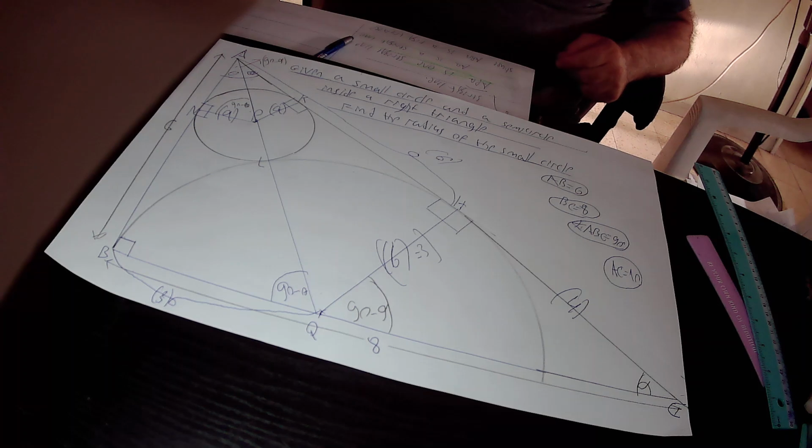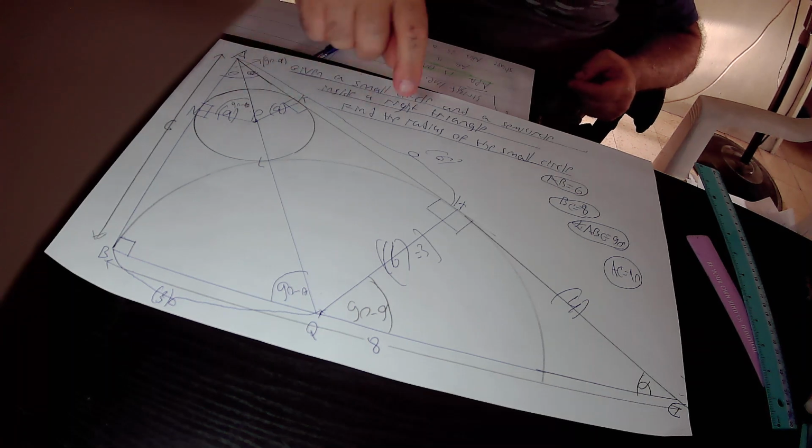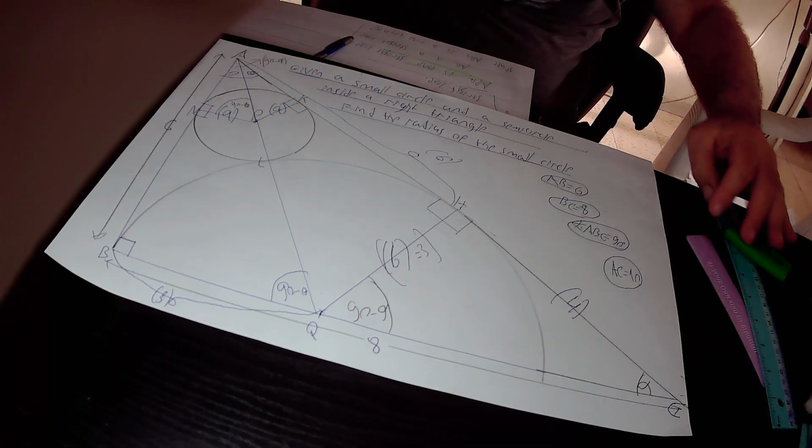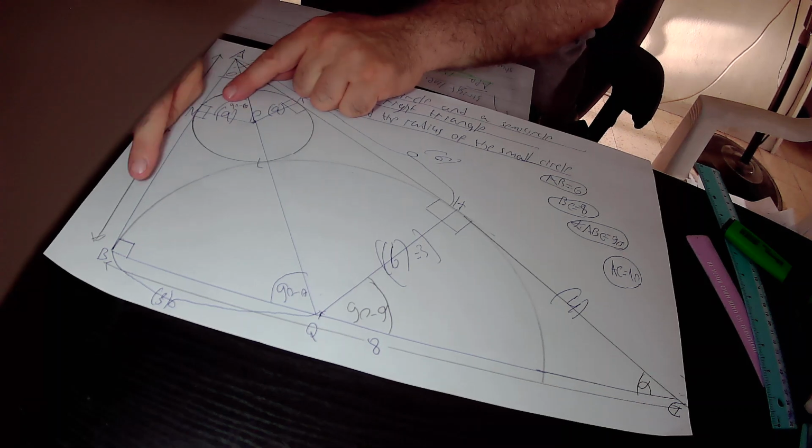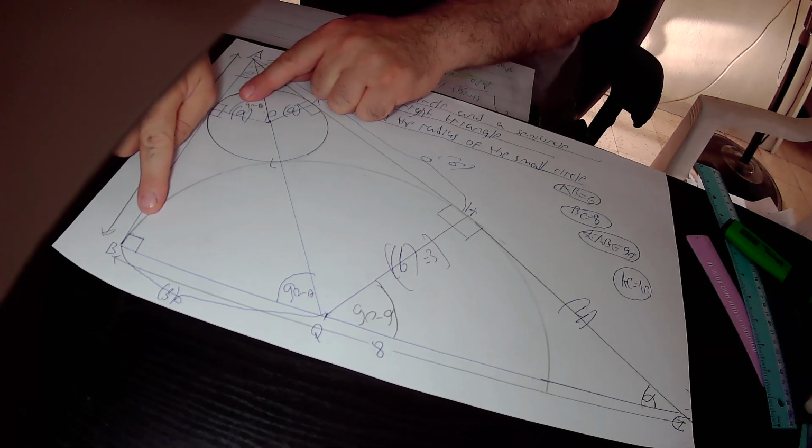So why is the right triangle ANP similar to the big right triangle ABQ? First of all, those two angles are both equal to 90 degrees, therefore they are equal to each other.